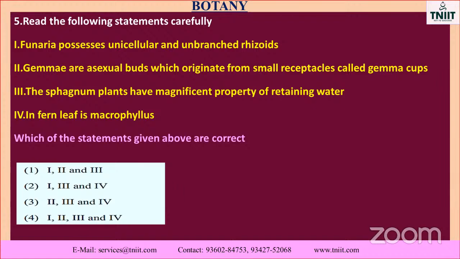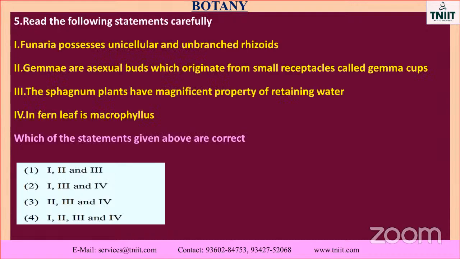Funaria's leaf is macrophyllous. Which one of the following statements is correct here? Funaria possesses unicellular, they told, but it is not unicellular. So which one is correct? Just see, the third one is the correct one. The 2, 3 and 4 are correct, so the first one is the wrong one. So all three are correct.